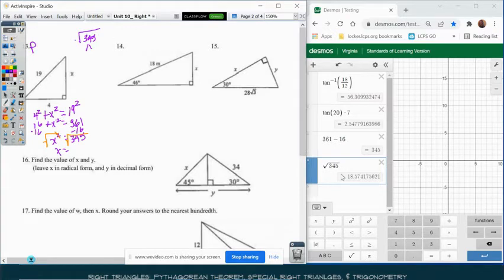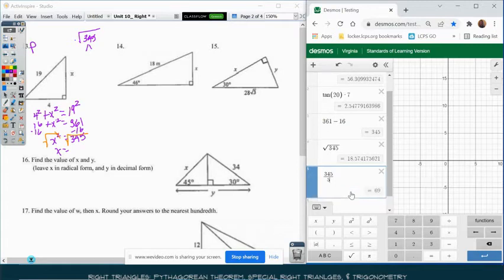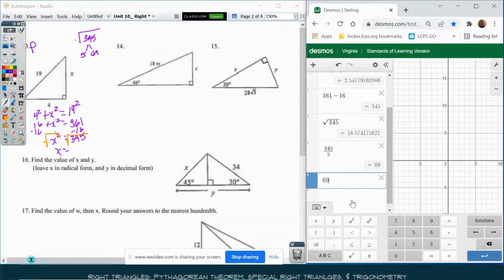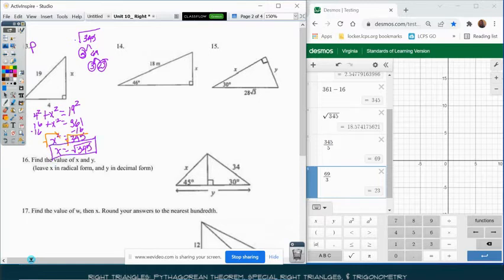Let's think about a factor tree for that. 345 is divisible by 5, so I could go with 5 times 69. And let's see then, 69 is divisible by 3. So we could get 3 times 23. Now we have all primes here, nothing else that can make a pair, so we do end up at the square root of 345 for my x value.